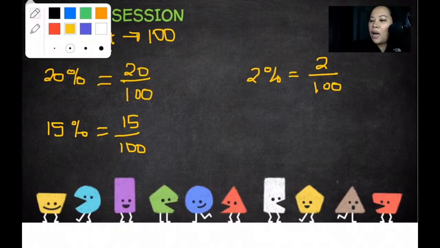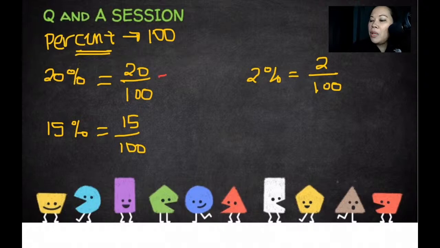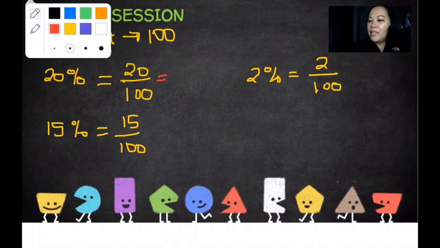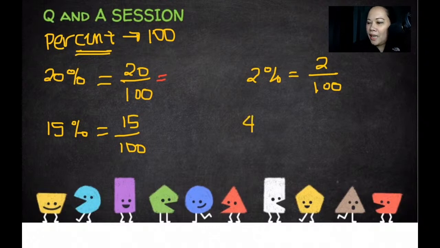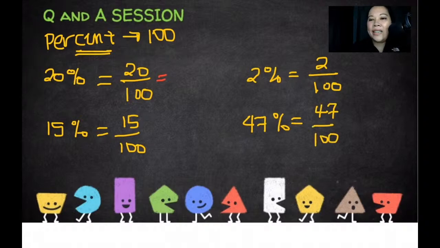So how do I simplify this? What is common between 20 and 100? There are 5 20s in 100, right? If it is 47%, then that will be 47 over 100.